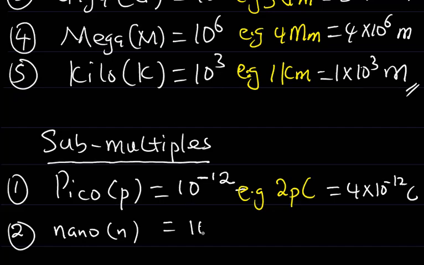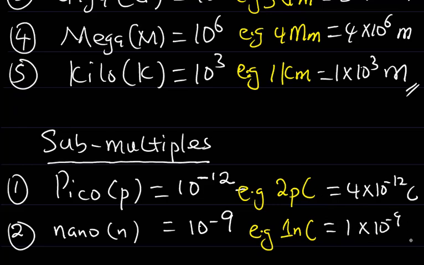So this is 10 raised to the power of minus 9. So now 1 nanocoulomb is equal to 1 times 10 raised to the power minus 9 coulombs.